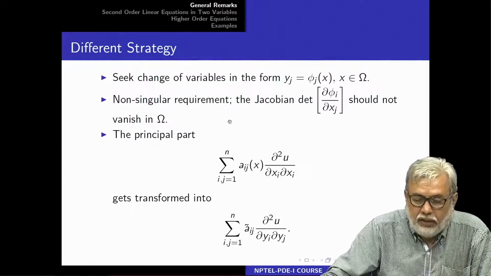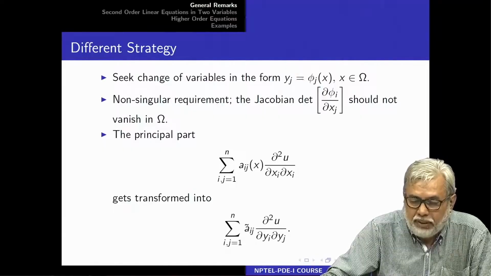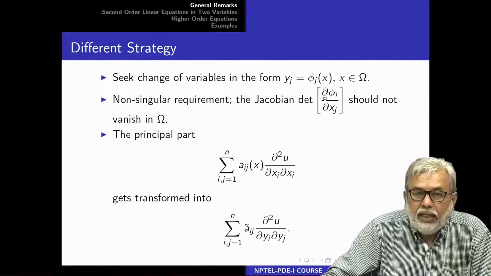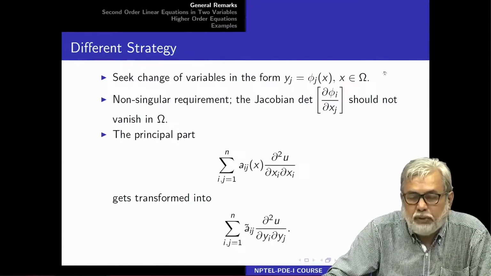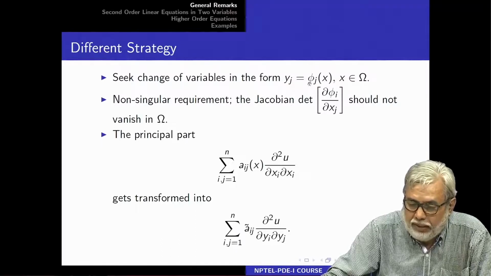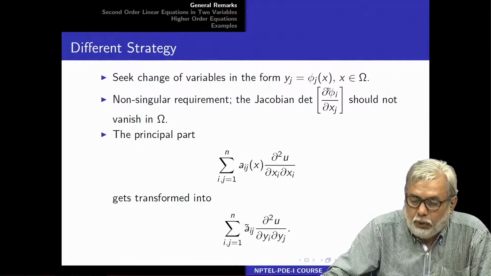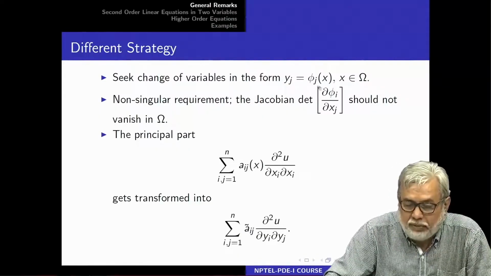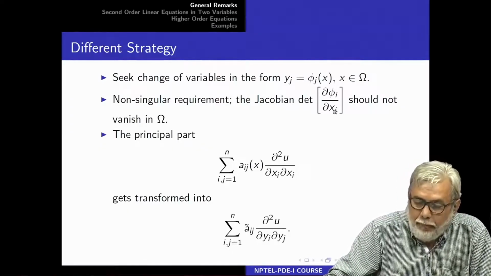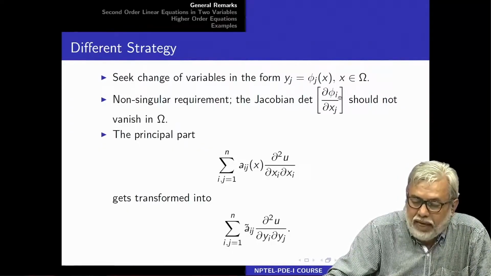So, here the non-singular requirement means the Jacobian of this transformation, namely the determinant of del phi. Each phi_j is a function of x_1, x_2, ..., x_n. Okay. So, we are in the n variable situation. You consider the first order Jacobian matrix of this transformation, namely del phi_i by del x_j, and then you take the determinant of that.